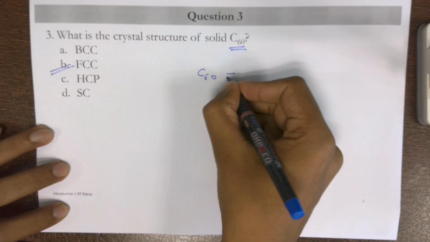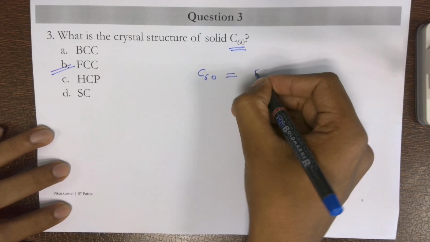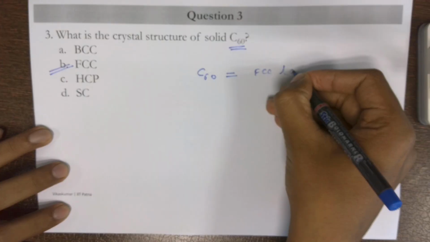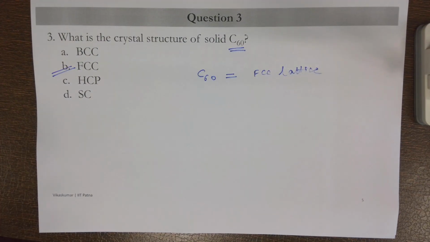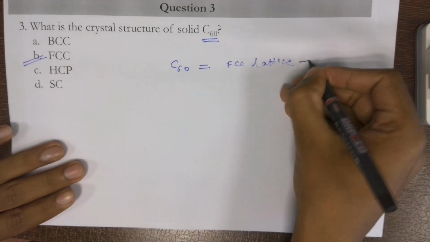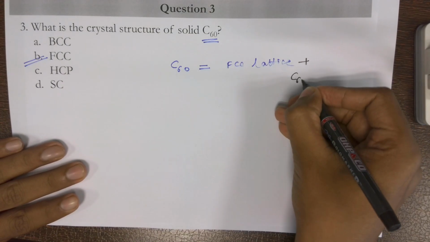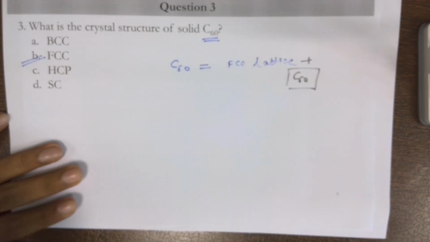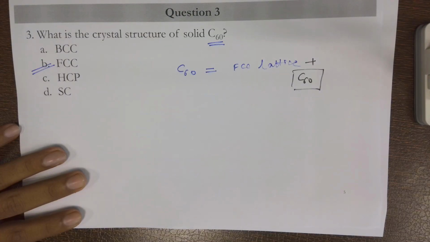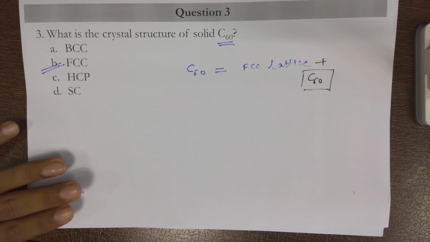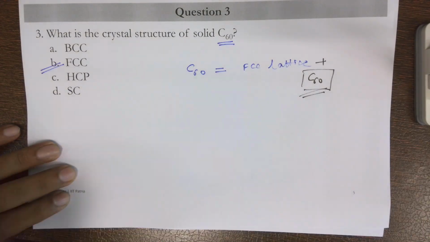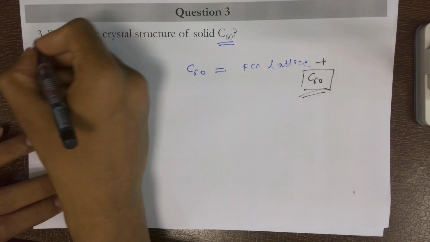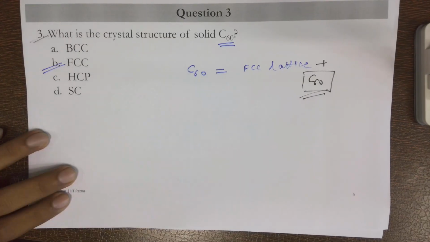So C60 is made up of the FCC lattice, and along with that, at one particular lattice point, we know that 60 carbon atoms are sitting. So with that, we have solved this and we got the right answer.